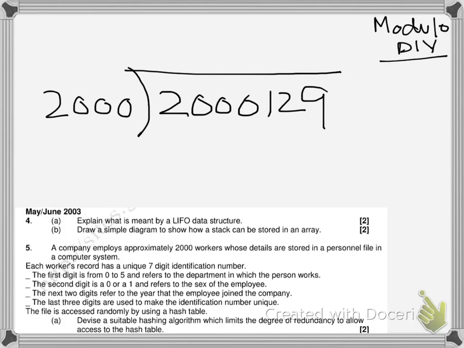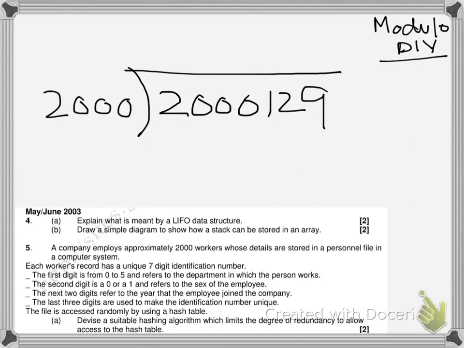129. So modulo means remainder. What we would do is divide this employee identification number by the total number of employees. So the remainder would be between 0 and 1999. So redundancy is automatically gone because we are going to take the remainder. Okay?